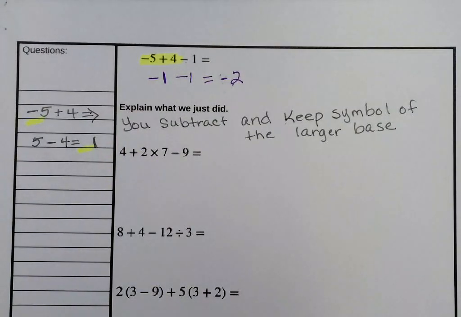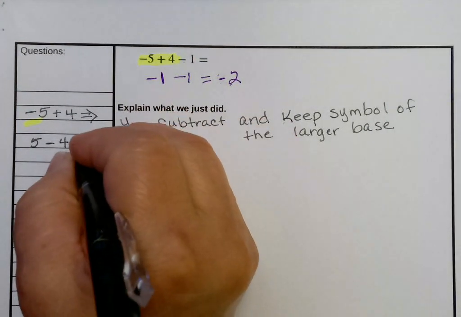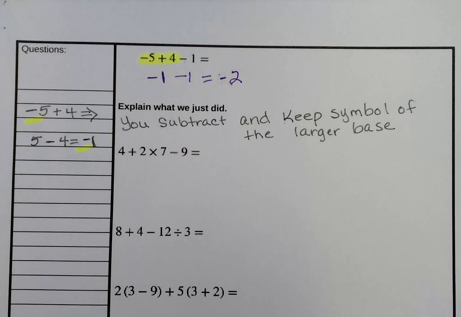It is 5. So I bring that negative sign down to the 1 and I'm done. So when you are combining with addition a positive and negative number, you subtract and keep the symbol of the larger base.